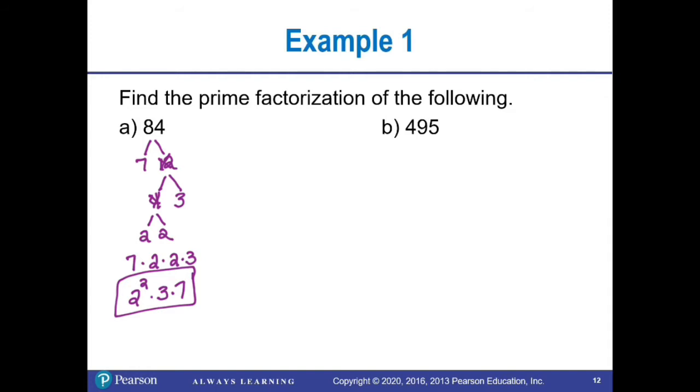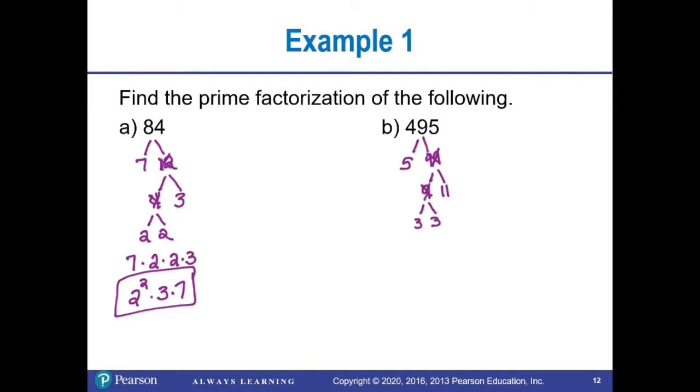Remember our divisibility test? This number ends in 5, so I know that 5 will divide into 495. 5 goes into 495 99 times. Well, 5 is a prime number. Its only factors are 1 and 5. 99 is composite, so I rewrite 99 as 9 times 11. 11 is prime, but 9 is not.